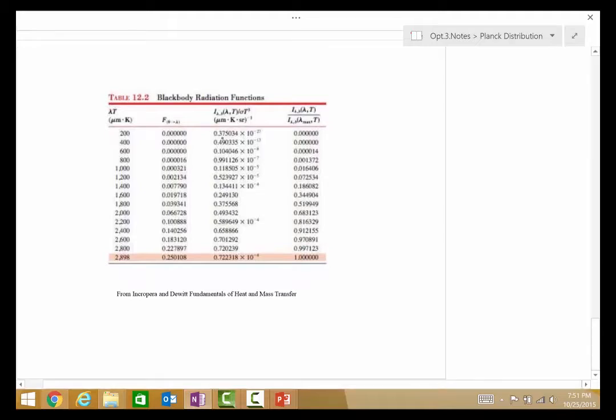Tables are available, and this is a table from Incropera and DeWitt that shows our lambda T function. It shows the band fraction itself. So this is the fraction. And it shows the actual value, in this case I_lambda,b over sigma T to the fifth.